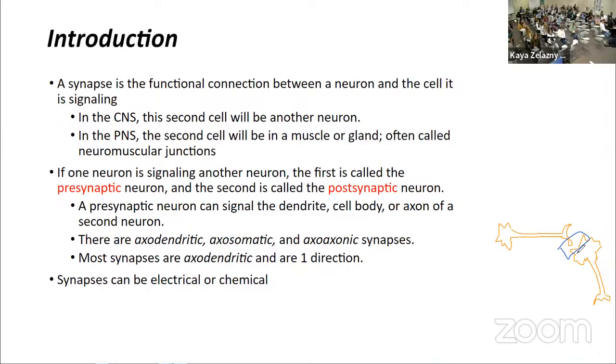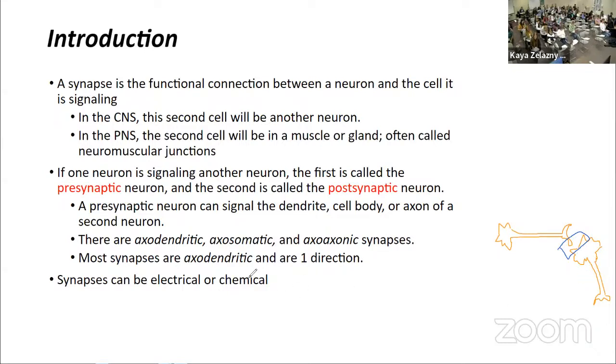Okay? So in the central nervous system, the next cell in the chain is going to be another neuron, another nerve cell. When we're out in the peripheral nervous system, that's when we're going to think about our nerves talking to other types of structures. So often muscles, but we'll also have nerves going to things like glands. So we'll talk about those special types of connections later on.